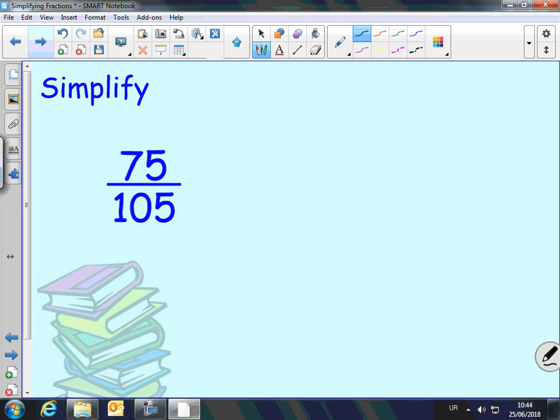Next example, 75 over 105. Straight away, we can see that they're both multiples of 5. So the first thing we could do is divide the numerator and denominator by 5. 75 divided by 5 is 15, and 105 divided by 5 is 21. Then you could write out your factors of 15 and 21 at the side if you want.